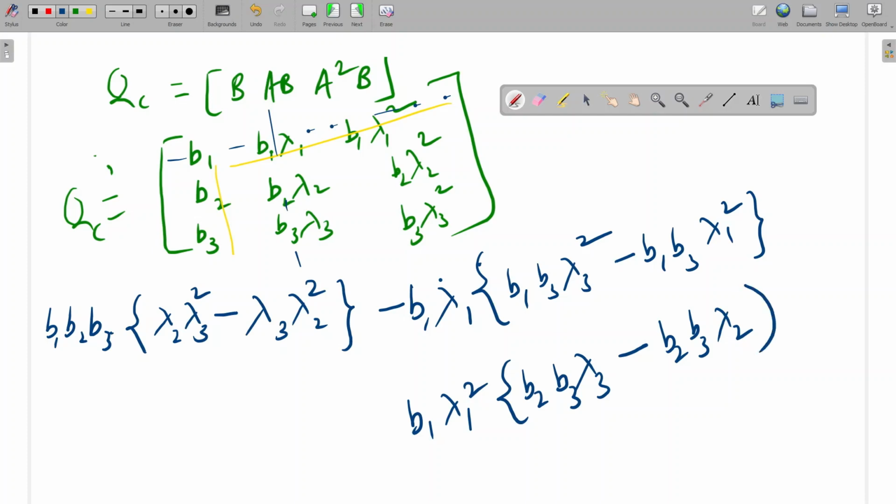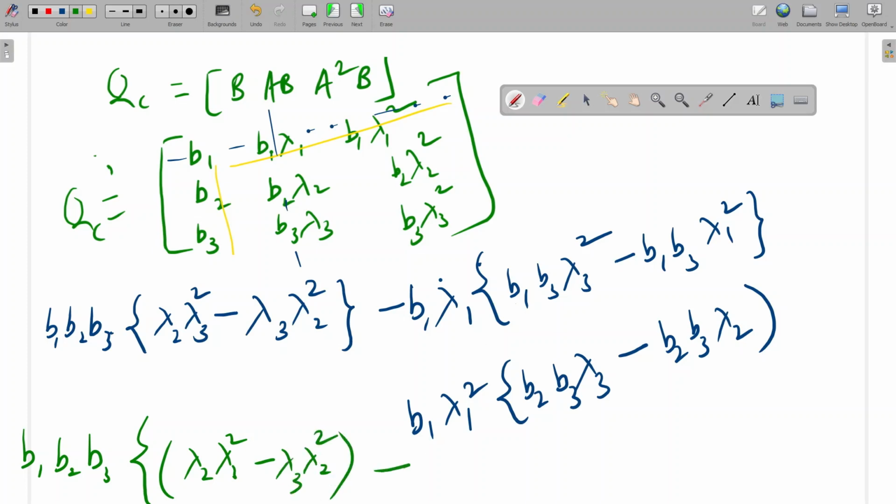Here in all, b1 b2 b3 will be common, so I'm taking b1 b2 b3 common, and the first term is lambda 2 lambda 3 square minus lambda 3 lambda 2 square. Minus, the second will be lambda 1 lambda 3 square.